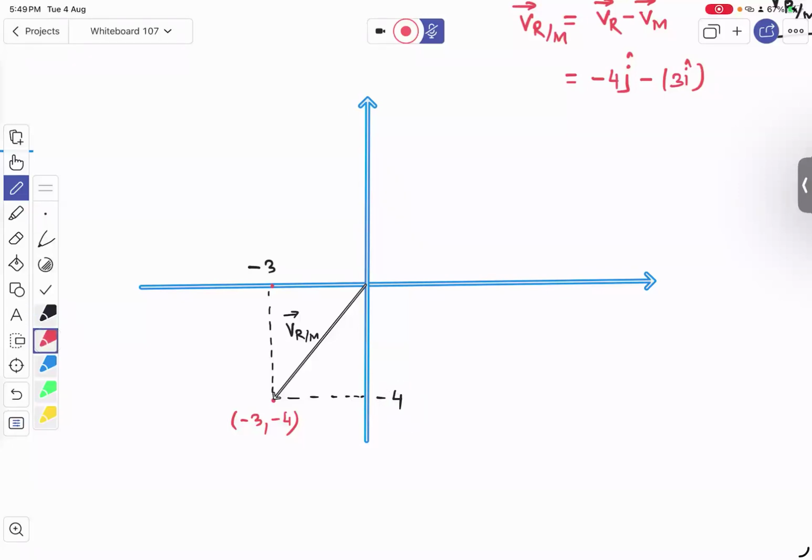Then if I ask you, can you find this angle, the one it is making with the minus y direction or vertical? I'm calling it angle alpha. To find that angle alpha, I will use this triangle.